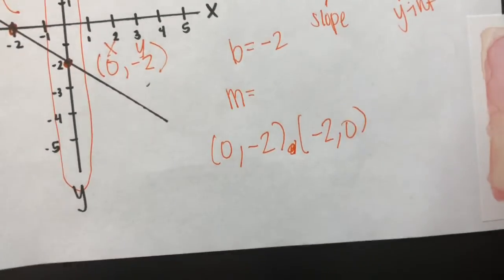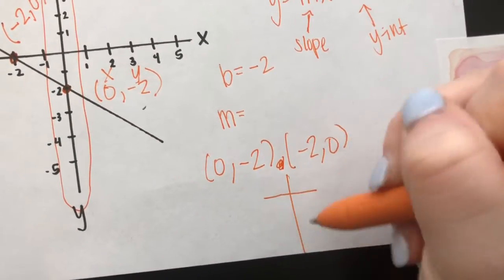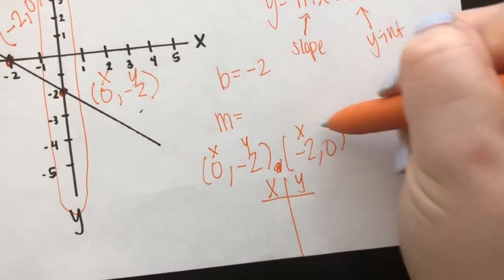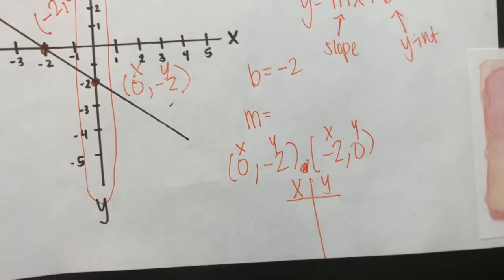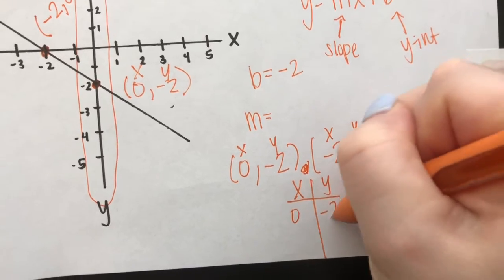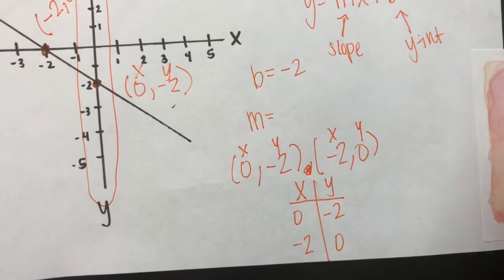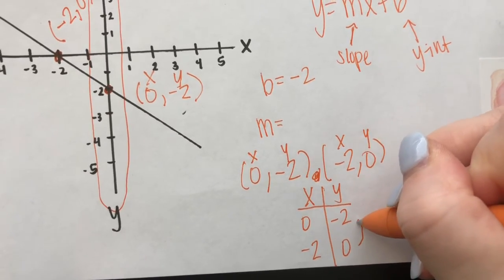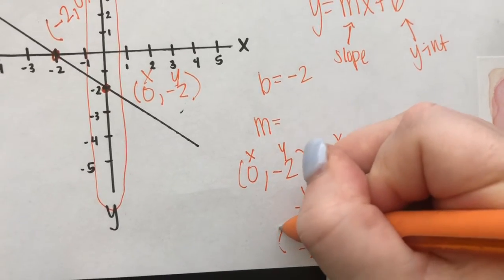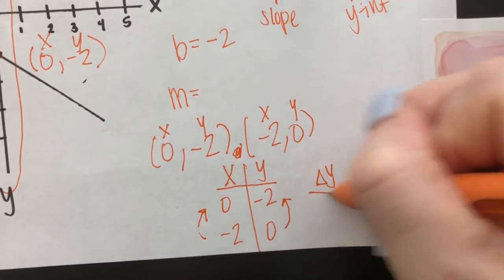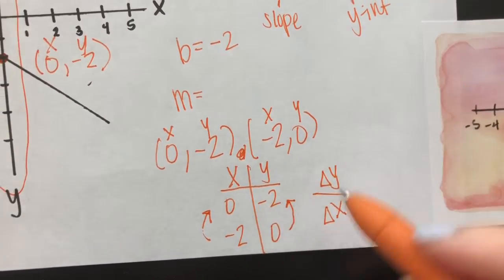All right, I'm going to go ahead and put these in a table, x, y. So we have 0, -2, and then we have -2, 0. Well, that looks kind of funky. So I'm going to draw my arrows. We are trying to find delta y over delta x. So I'm going to start with delta y.